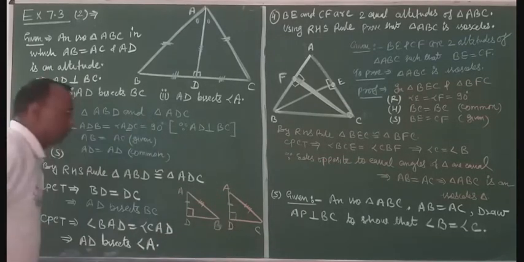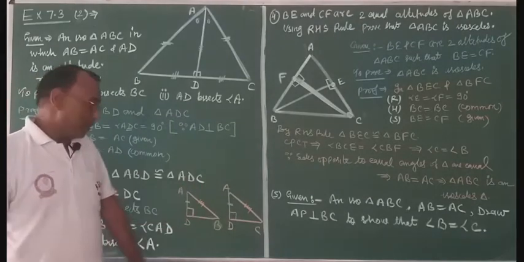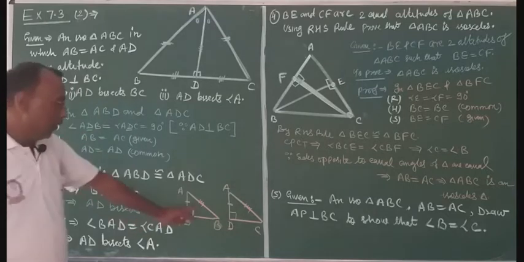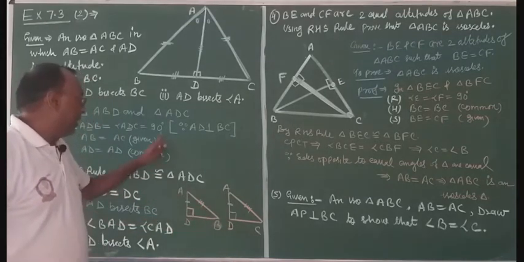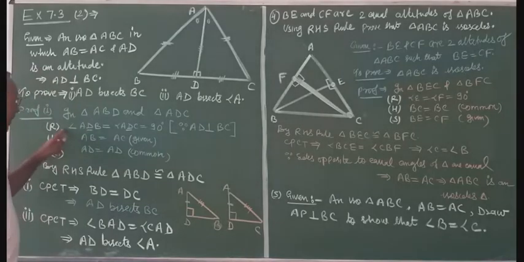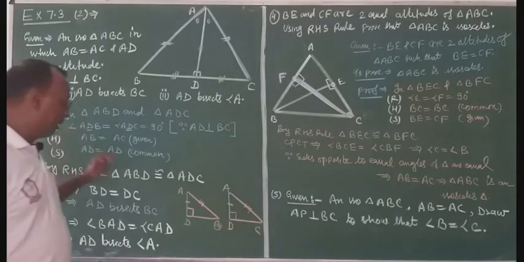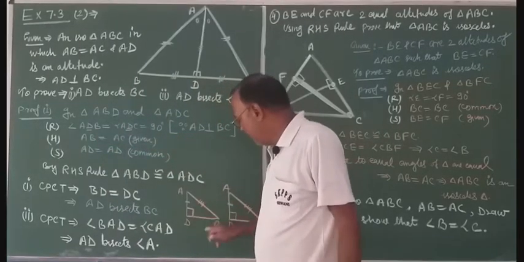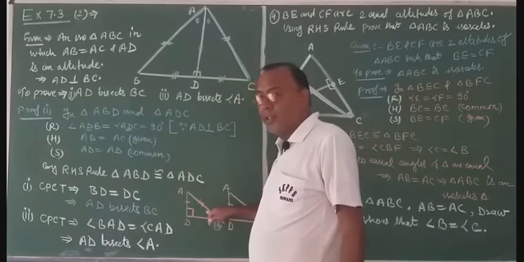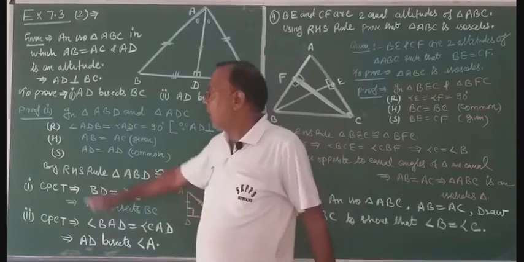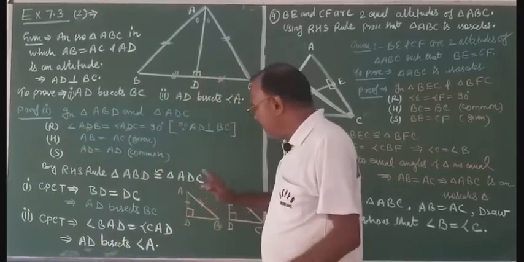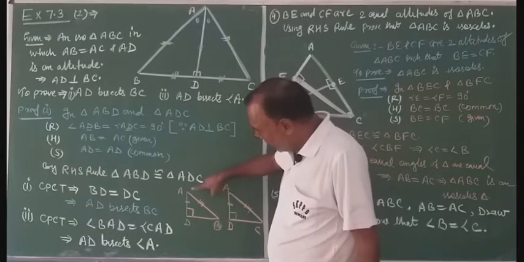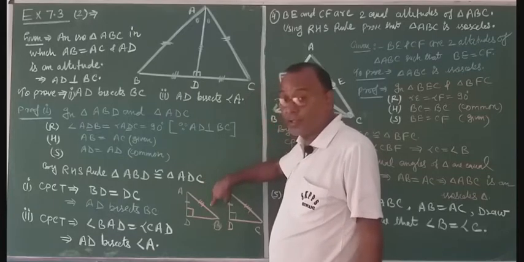So now just look here. What rule is here? What have we used first? Angle ADB is equal to ADC. What is this? 90 degree angle. We can say this is a right angle. Angle ADB and ADC are both 90 degrees. They are right angles. We can write here R for right angle. AB is equal to AC. What is AB in this triangle? Hypotenuse.